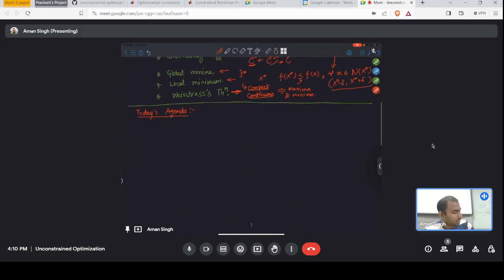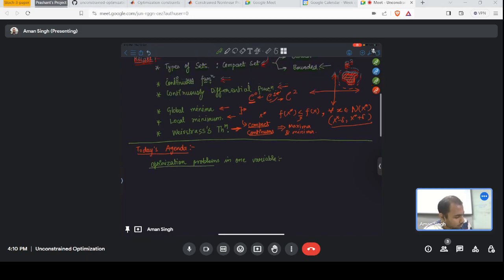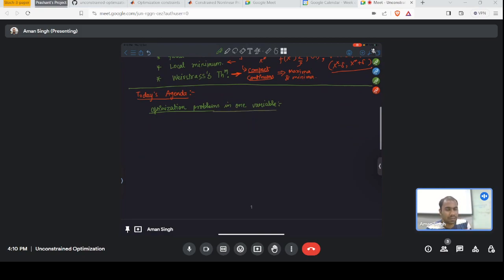In today's agenda, we will look at optimization problems in one variable. You would have done this mostly in your class 11th and 12th.